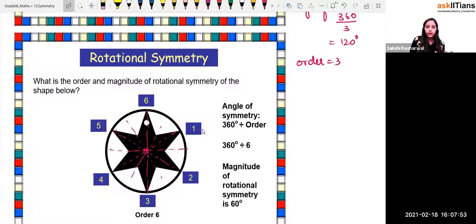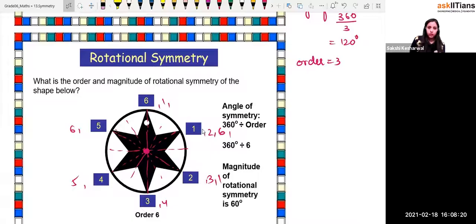If you do the rotation, the order is going to be 6, yes or no? Like 1, 2, 3, 4, 5, 6. Then this will become 2, this 3, this 4, this 5, this 6, and this 1, right? Then you just go on in cyclic order.